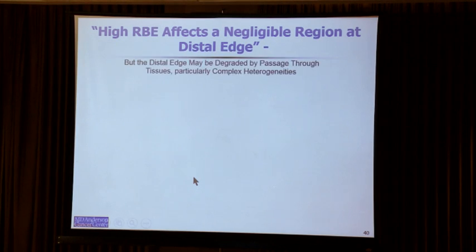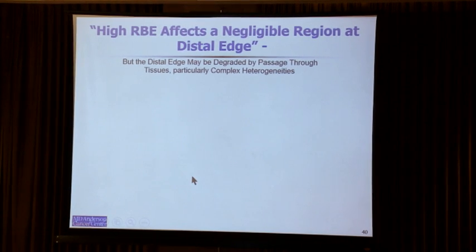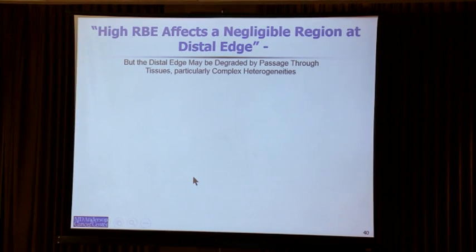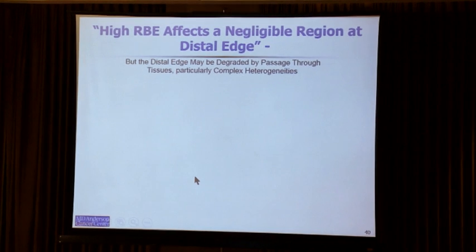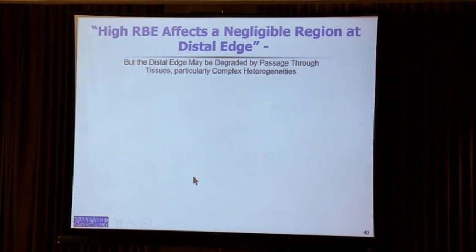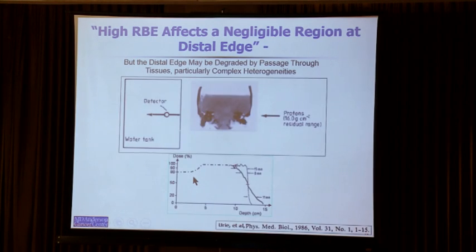Well, but the distal edge is not necessarily very sharp. When the beam passes through tissues, it degrades. Especially when it's passing through very complex heterogeneities, it degrades quite a lot. This was an experiment done more than 30 years ago at MGH.